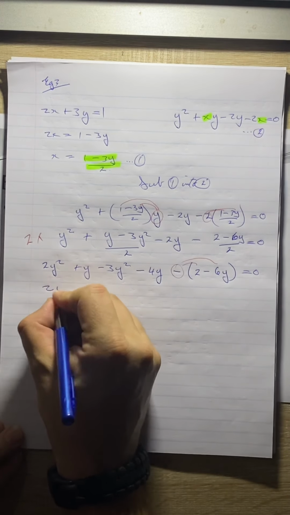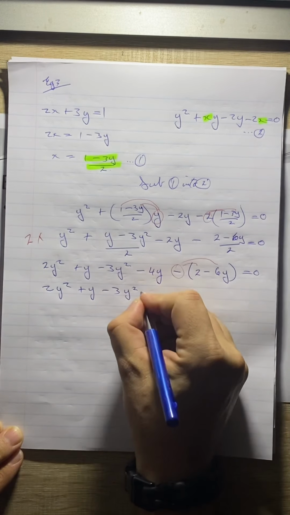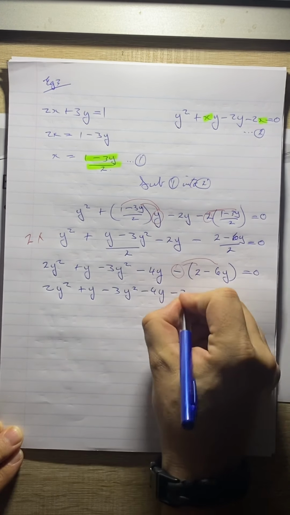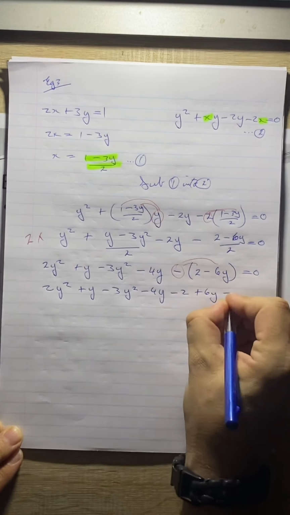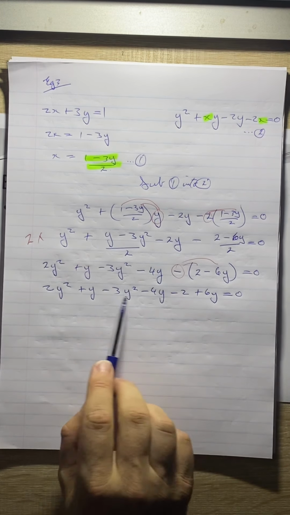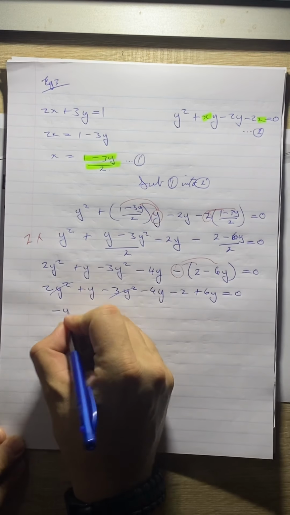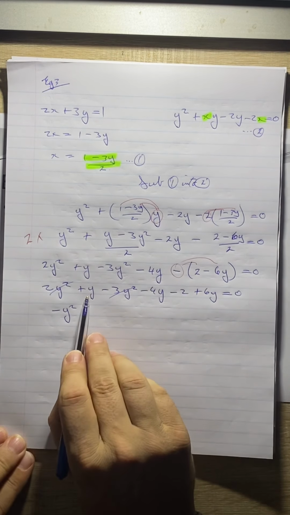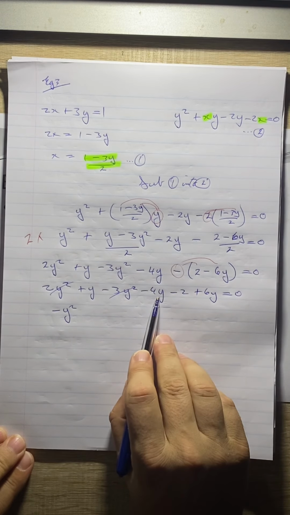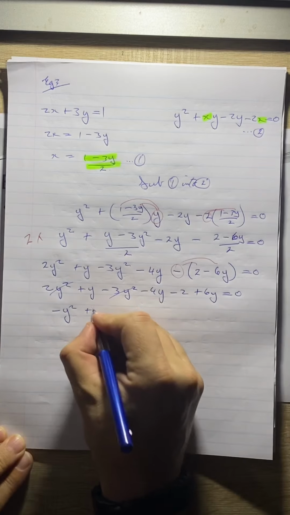And we get 2y squared plus y minus 3y squared minus 4y minus 2 plus 6y equals 0. Get like terms together. So we've got 2y squared minus 3y squared gives us minus y squared. We've got y minus 4y gives us minus 3 plus 6 gives us plus 3y.